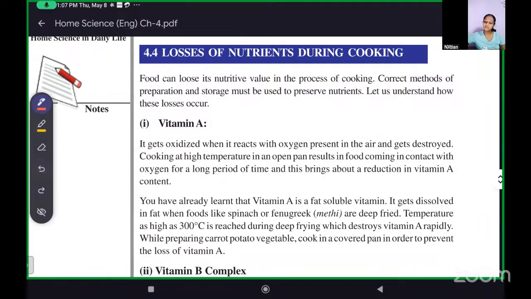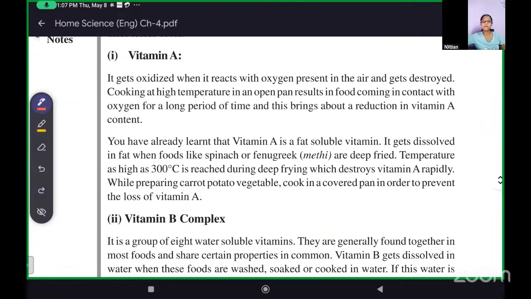Now, how does food lose the nutrients? Some foods have vitamin A. It gets oxidized when it reacts with oxygen present in the air and it gets destroyed. So, cooking at a high temperature in an open pan results in food coming in contact with oxygen for a long period of time.